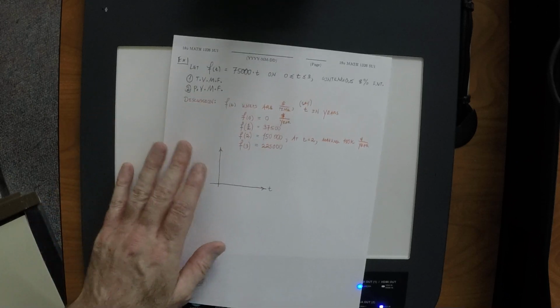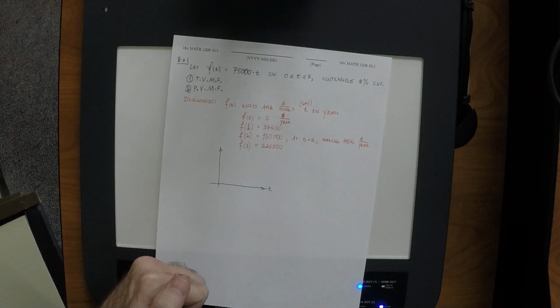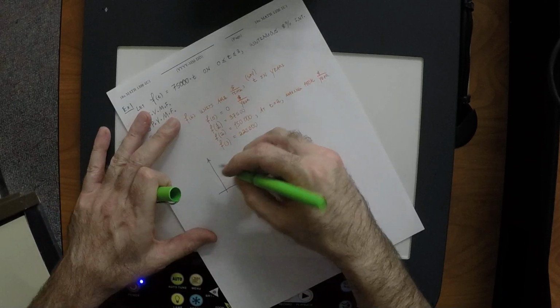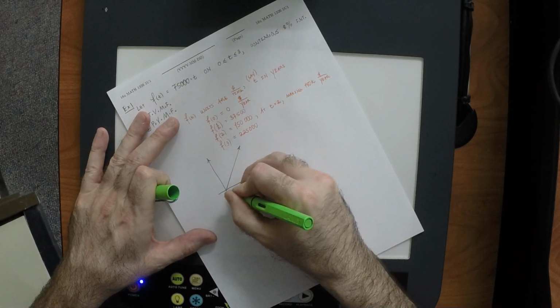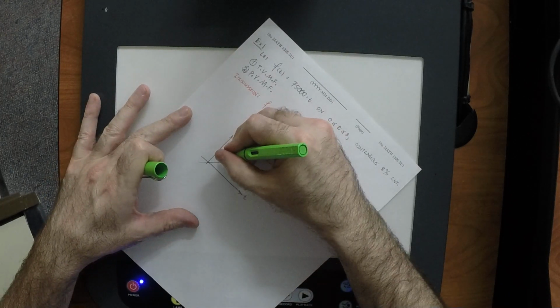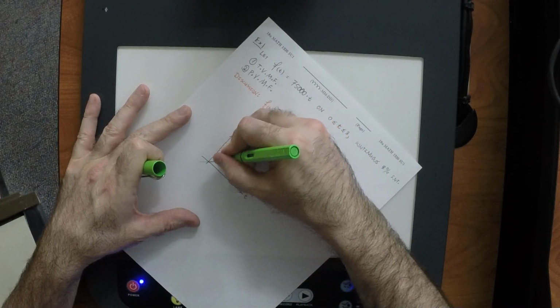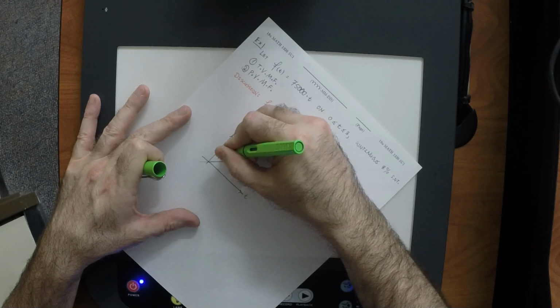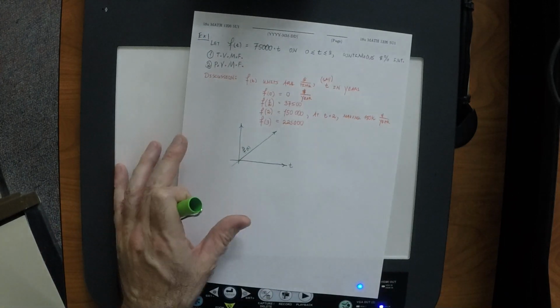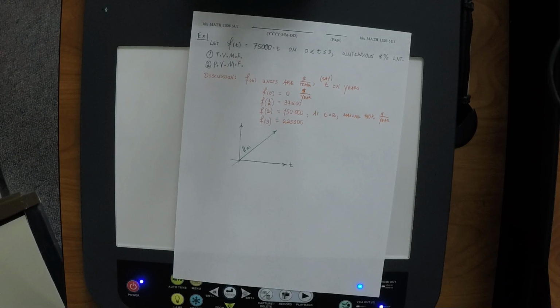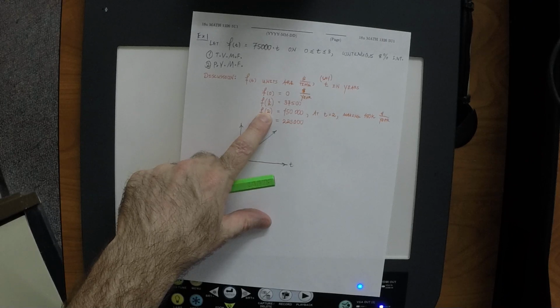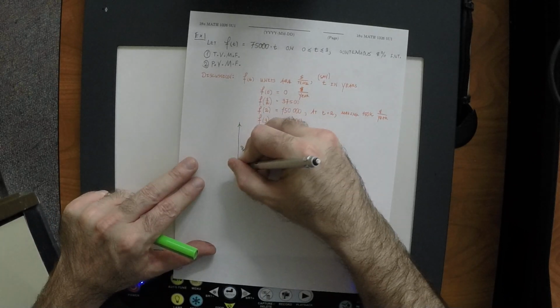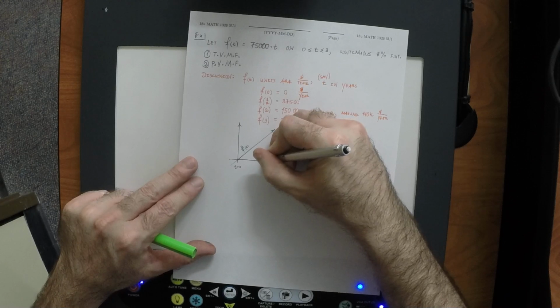Is a line that goes through the origin and has slope what? 75,000. Right? So it looks like this. So this is f of t, like so. So the question of how much money have you made to date? For example, if we consider the specific time 2, here is t is 0, and say over here is t is 2.